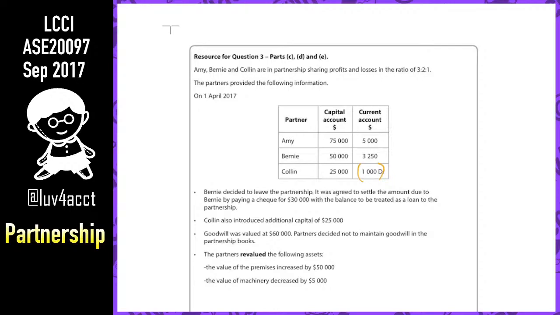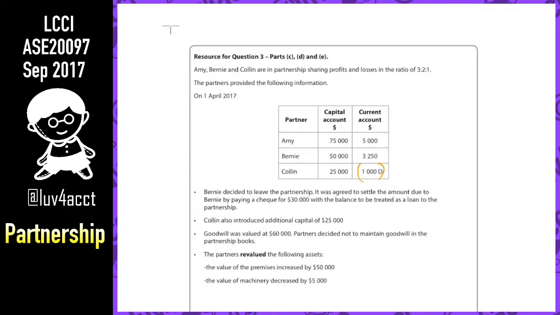Bernie decided to leave the partnership. It was agreed to settle the amount due to Bernie by paying a check of 30,000 with the balance to be treated as a loan to the partnership. Colin also introduced additional capital of 25,000. Goodwill was valued at 60,000, but they agreed that no goodwill account is to be maintained in the books.